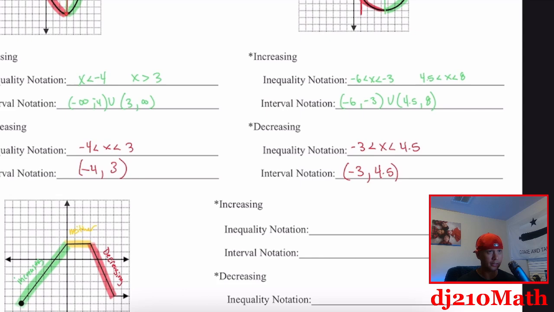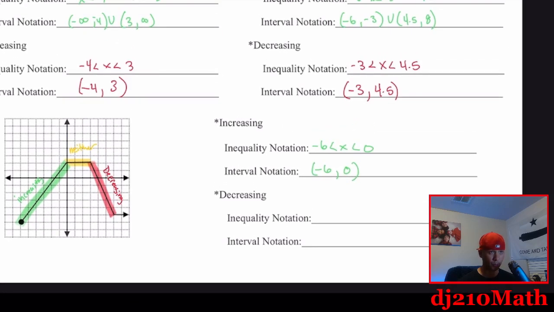All right, so increasing, this is going to be on the interval of, looks like 1, 2, 3, 4, 5, 6. X is -6 up to 0. So as an inequality, this is going to be X in between -6 and 0.